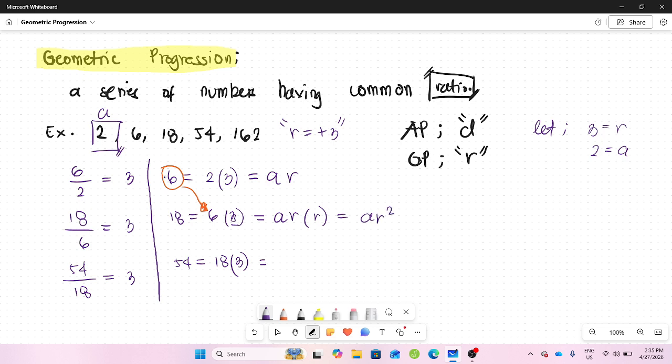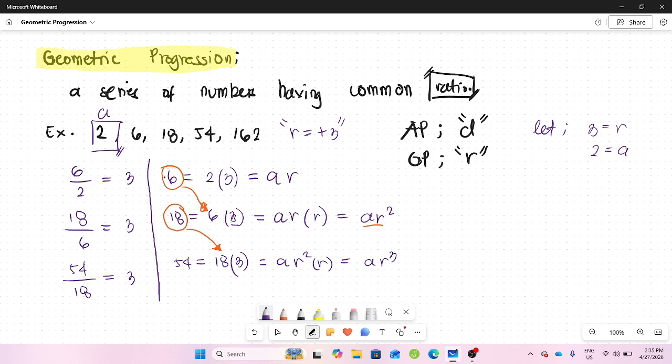For this one, we get the value of 54. 18 is equal to this, so we just have to substitute that one here, so we get AR squared, and then substitute R to 3, so we get AR cubed.